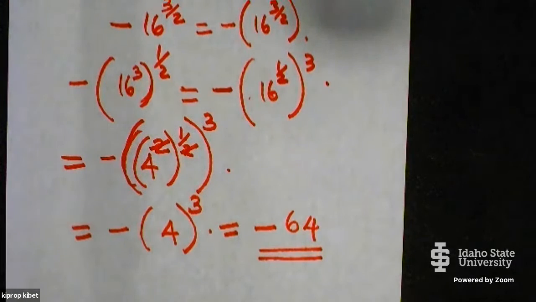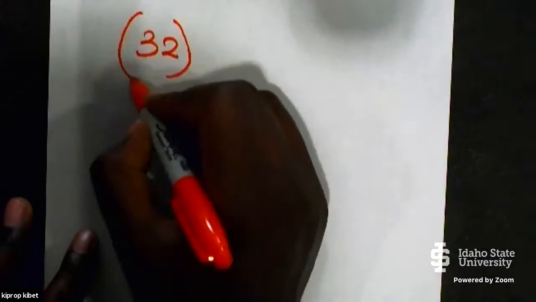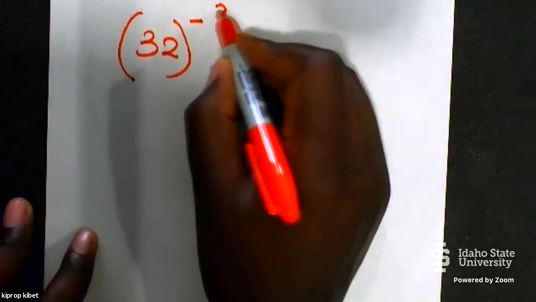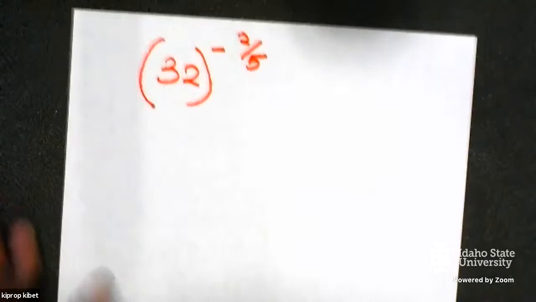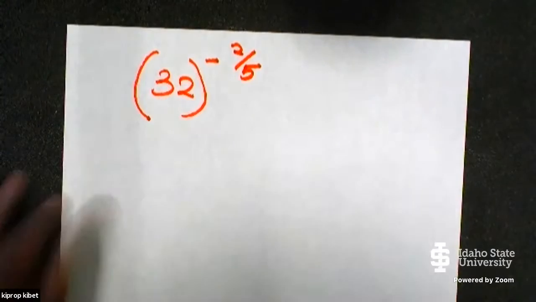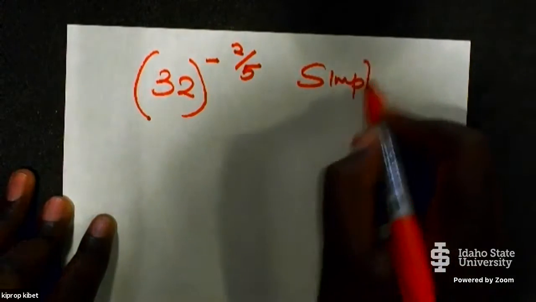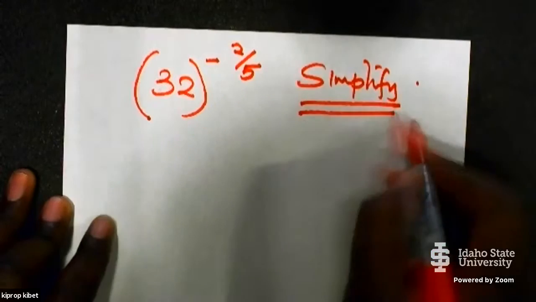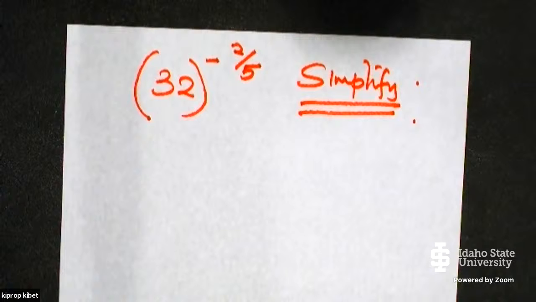Another example. Simplify 32 raised to negative 2 all over 5. So how should we simplify that?